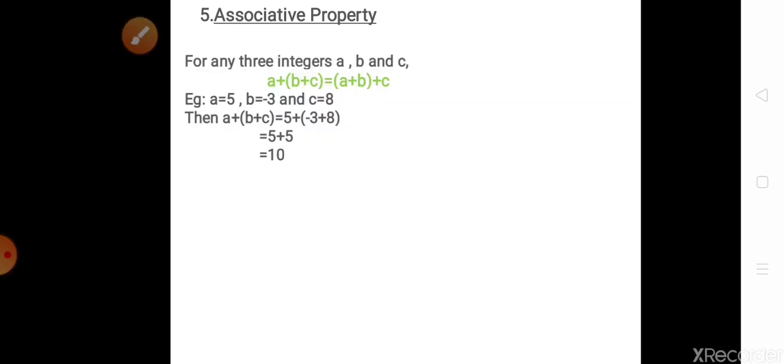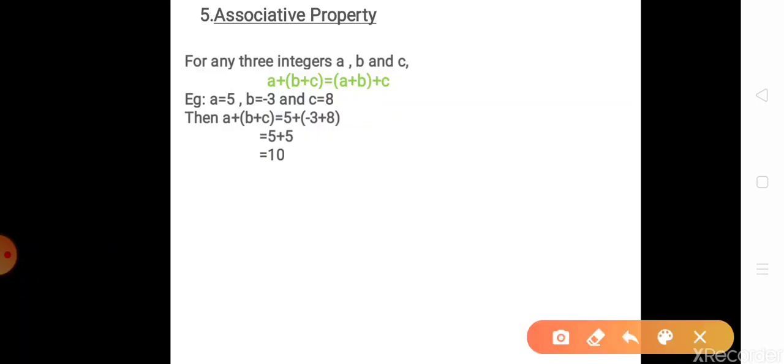Now you must be wondering how come we got this 5 over here. It's very simple. Within our bracket we have minus 3 plus 8. Now I'm going to tell you a fundamental rule or mantra while solving any question of maths that has a bracket.